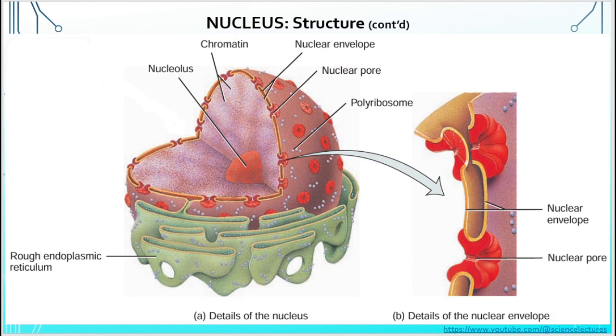Instead, their passage involves an active transport process in which the molecules are recognized and selectively transported through the nuclear pore into or out of the nucleus. For example, the proteins needed for nuclear functions move from the cytosol into the nucleus, and in a similar manner, newly formed RNA molecules are moved from the nucleus into the cytosol.